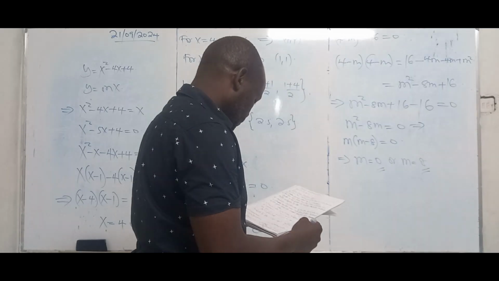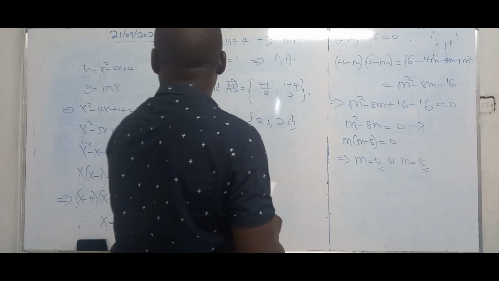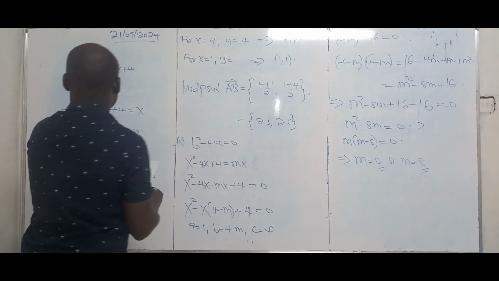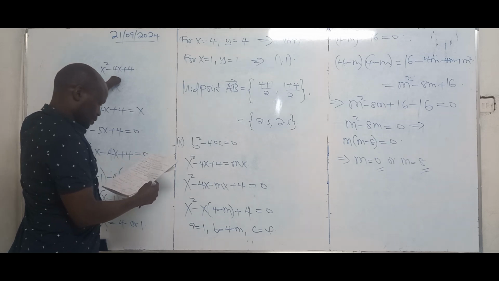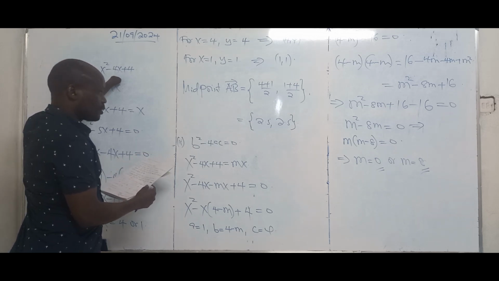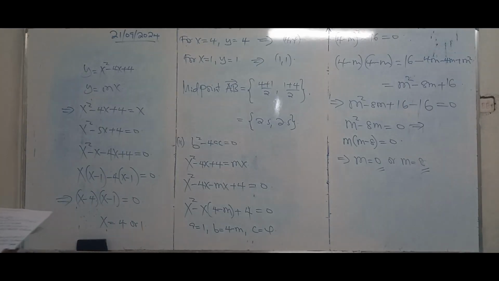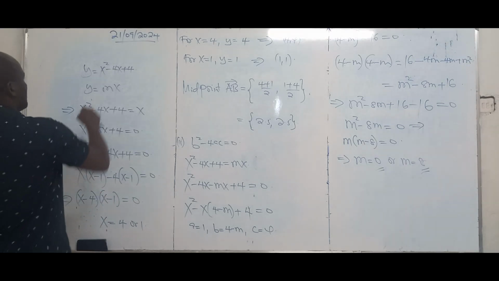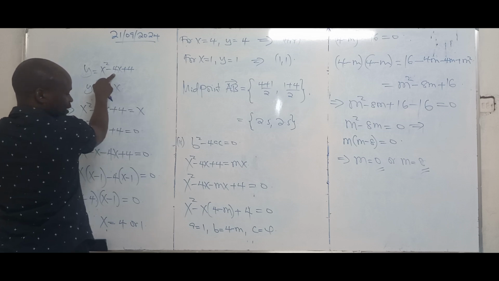We then have x squared minus 4x. Yeah, so there is this aspect here that I'm trying to see. b here is negative.